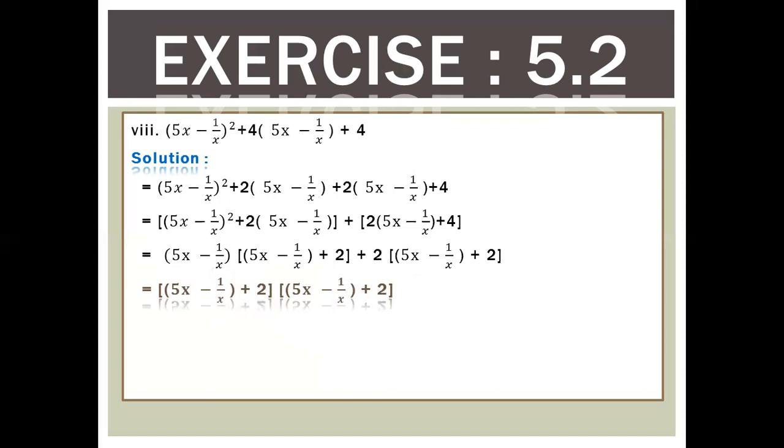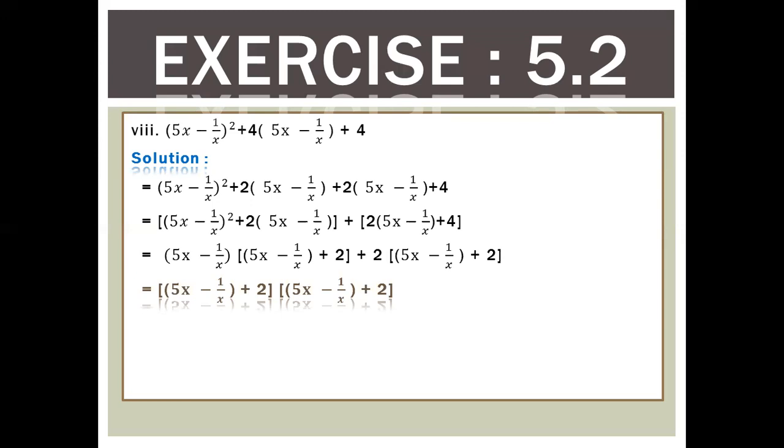You write 2 times: 2 into (5x minus 1 over x) plus 2 into (5x minus 1 over x). You see that the first and the last terms are unchanged. Only I split the middle term, which is 2 into 2 (5x minus 1 over x). You combine the first two terms and the last two terms, because there is no negative sign. In the first bracket, (5x minus 1 over x), the whole bracket, is common, and the remaining term is (5x minus 1 over x) plus 2.